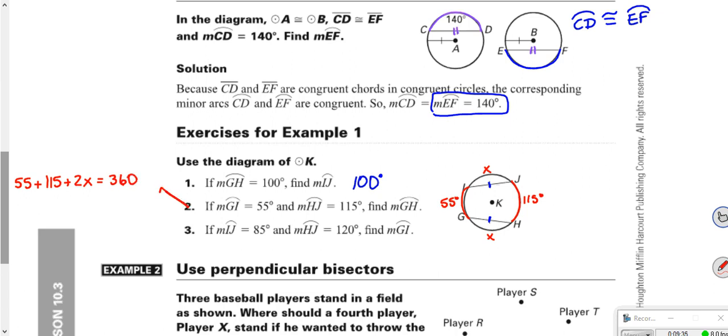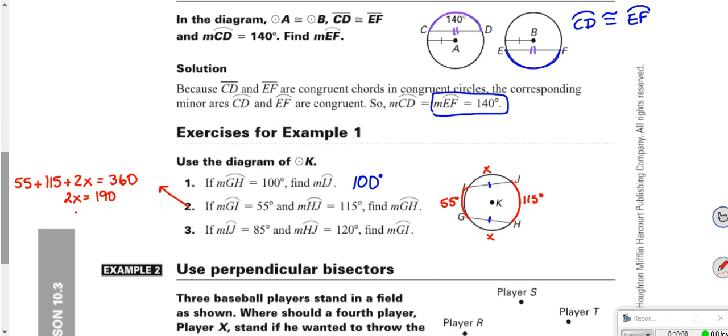Okay. Here's my work for number 2. So we've got the 55 degrees, we've got the 115 degrees, and then we've got 2 X's. I know that IJ has to be congruent to GH, the arcs, okay? So that's where the 2X comes in. So this gives me 2X equals 190, if I take 360 minus 115 minus 55.